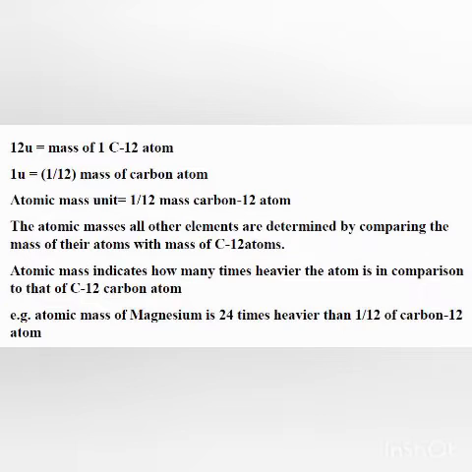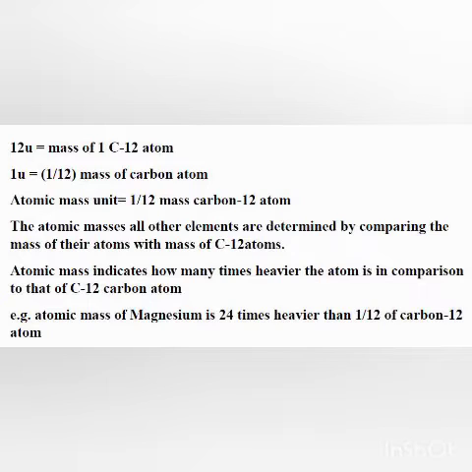Now in the nucleus there are 6 protons and 6 neutrons. So 6 protons plus 6 neutrons is 12. So we say that the atomic mass of a C12 atom is 12 units. Actually it is the sum of protons and the neutrons.